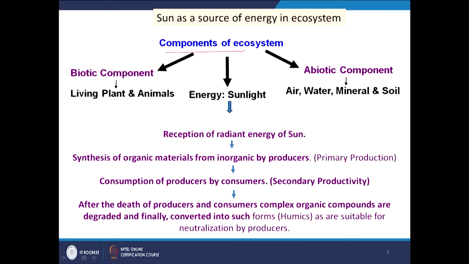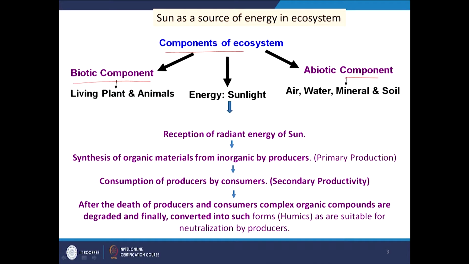As you know, the sun is the source of all types of energy in the ecosystem, and we cannot consider any life without energy. If we see the components of the ecosystem, obviously the biotic components are the most important, then the abiotic components which are required for their survival, and another is sunlight, that is the energy.